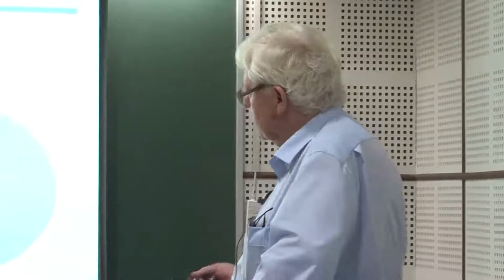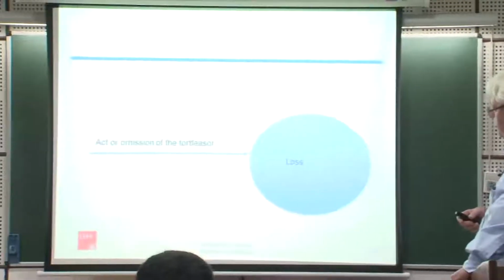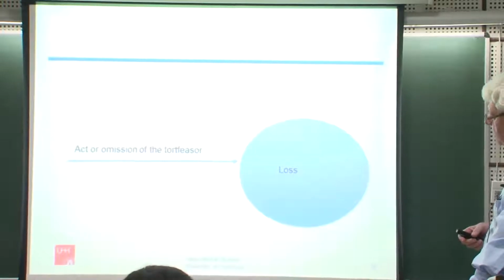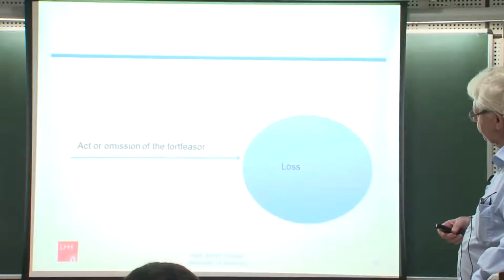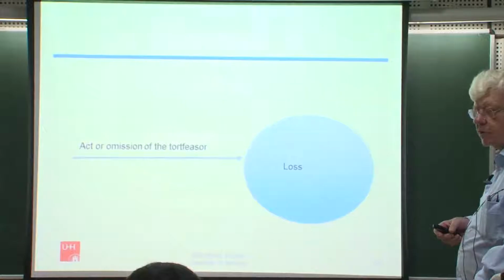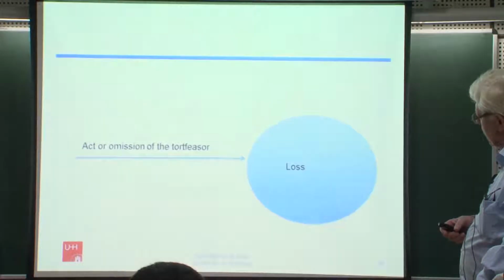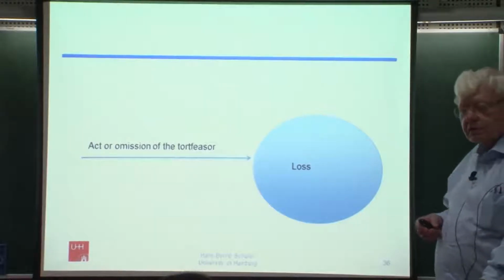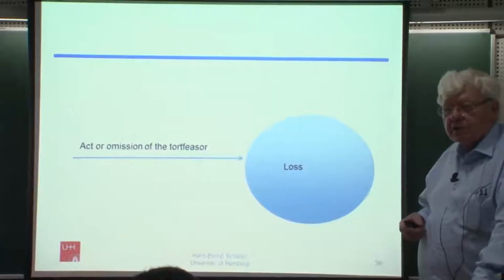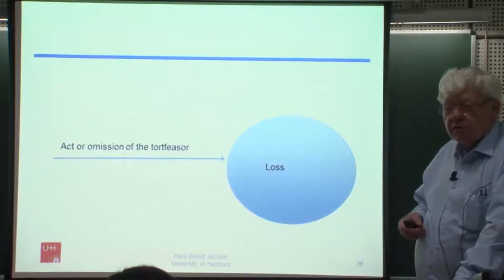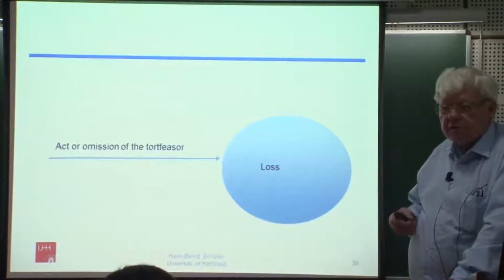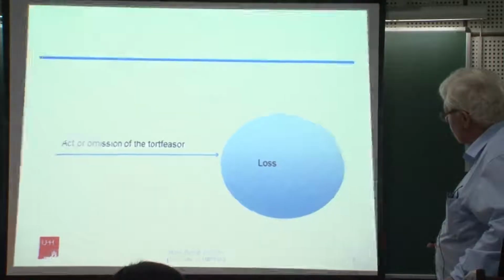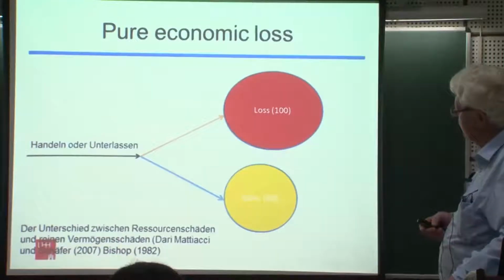So, this is the normal picture. We have an omission or act of the tortfeasor which leads to a loss, and this loss is a private loss, but the private loss is identical to the loss for the society.